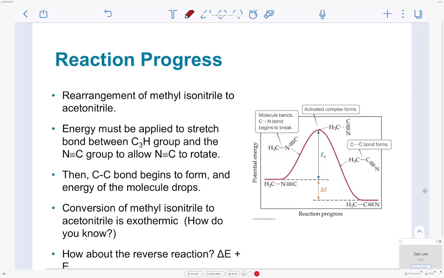So this is the energy profile of methyl isonitrile converting into acetonitrile. And this is a first order reaction where a single reactant is required to generate the product.